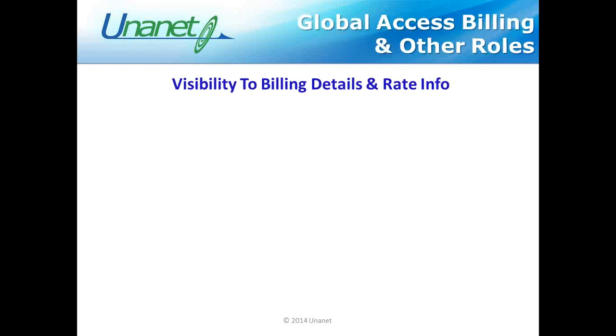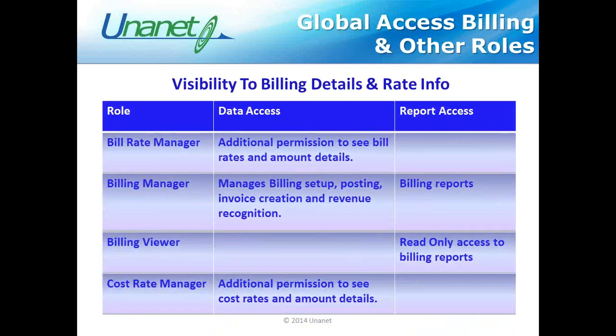Now, a few more roles are the global billing and other roles: billing manager, billing rate manager. It really comes into play if you're using our billing function or our costing function found in the Unanet project tracking or the portfolio license. So when you assign a person with the role of cost rate manager or bill rate manager, this allows them to see cost rates, which is a person's salary, or their cost to the organization.